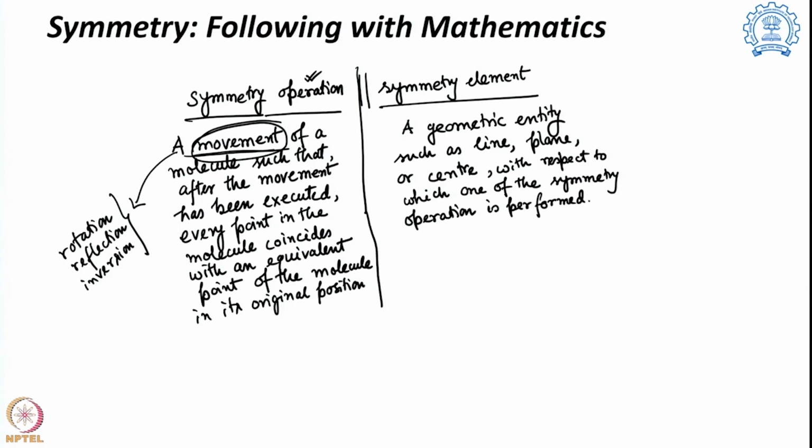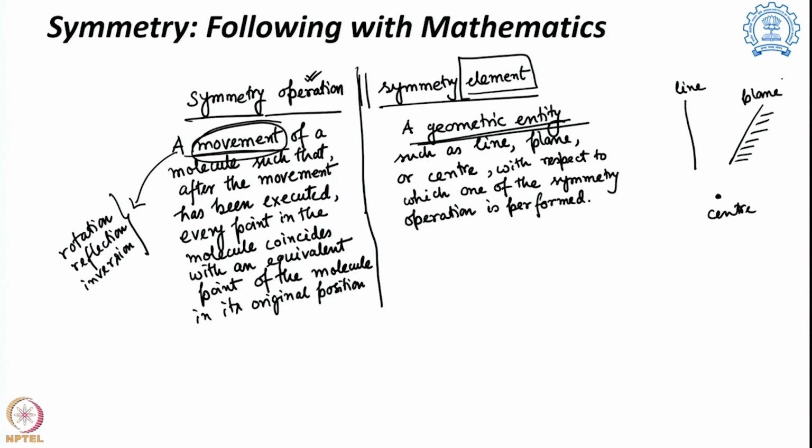So, you can say a symmetry element is a geometric entity. It can be a line, it can be a plane, or it can even be a center, around which the symmetry operation is performed.